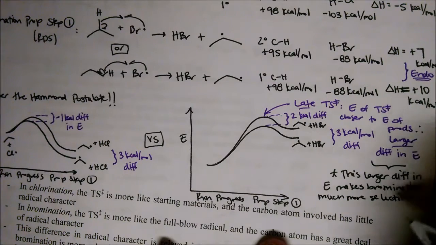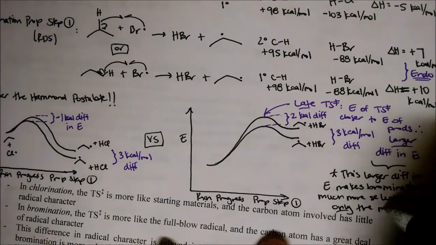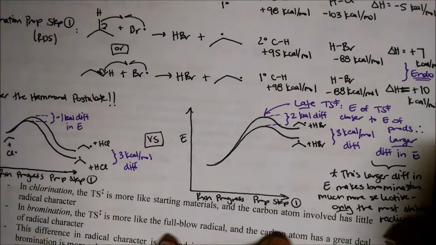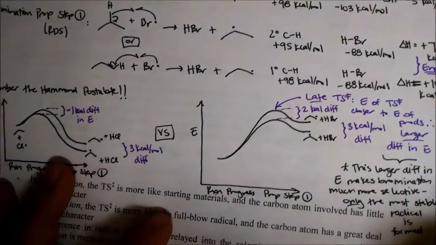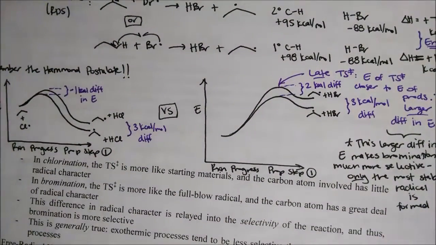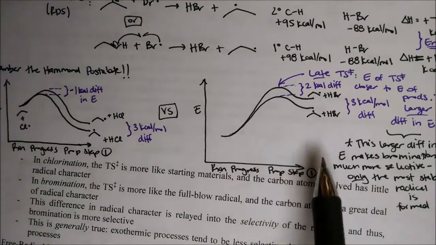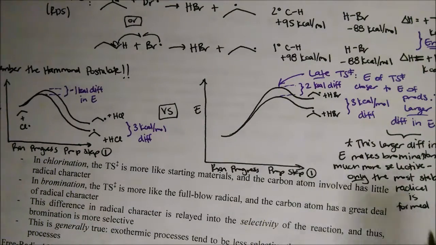And so pretty much only the most stable radical is formed. A lot of the problems in your homework say provide the major product. Well, with chlorination you're going to get more mixtures than in bromination. With bromination, pretty much go for the product that is formed from the most stable radical, and that's going to be your go-to product.